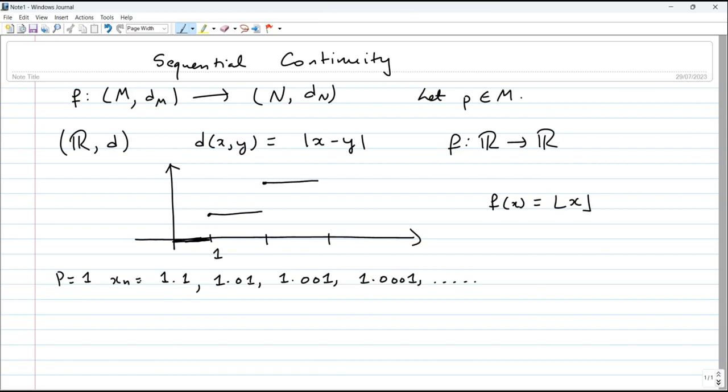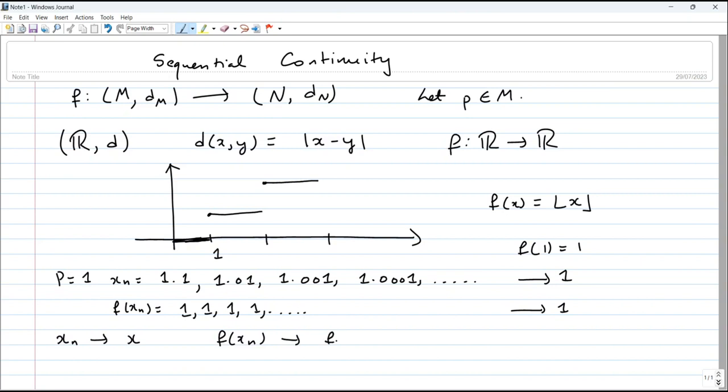If our x_n is this sequence, then what would f of x_n be? We know this sequence tends to 1. Now f of x_n, because of the floor function, will just be 1, 1, 1, 1, and this will tend towards 1 as well. And f of 1 equals 1, obviously. So in this case, x_n tends to x, where x equals 1, and f of x_n tends to f of x.